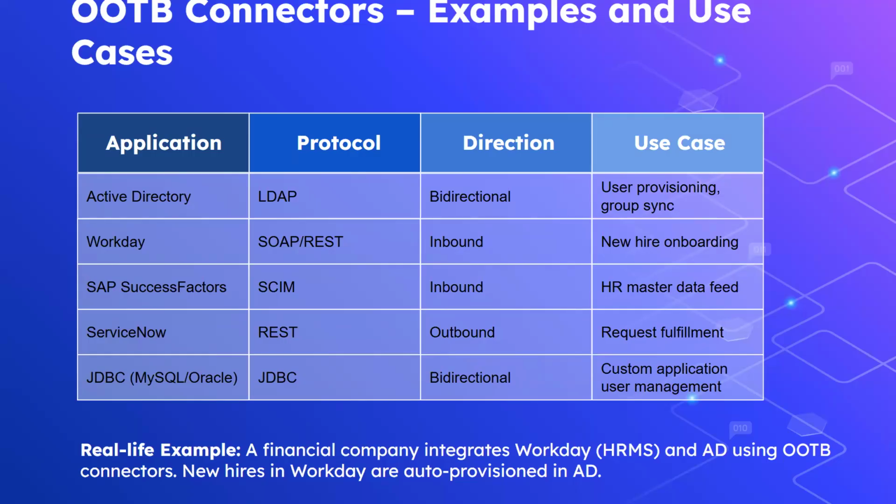So you can pull things from SailPoint into the app and export things from the app to SailPoint. Then there's inbound and outbound, which is basically whether you can pull things in or out. And then the use case: Active Directory is for user provisioning and group sync. We're using Workday for new hire onboarding, and SAP for the HR master data feed.